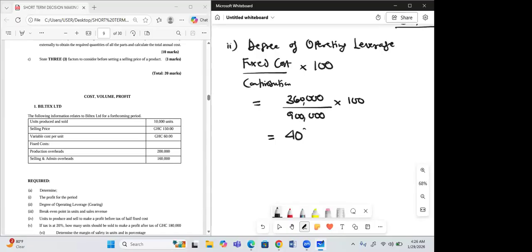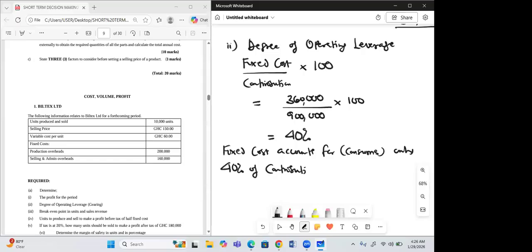Now, what this means is that fixed cost accounts for, or consumes, only 40% of contribution. So if fixed cost is only 40% of our contribution, it means you can pay the fixed cost and even have more. Are you getting it? Yes.